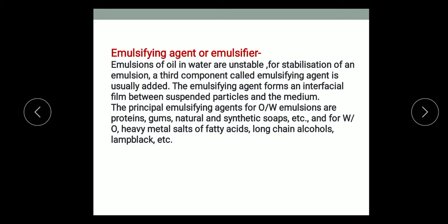The principal emulsifying agents for O/W, meaning oil in water type emulsions, are proteins, gums, natural and synthetic soaps, etc. And for water in oil type, we have heavy metal salts of fatty acids, long chain alcohols, lampblack or charcoal, etc.